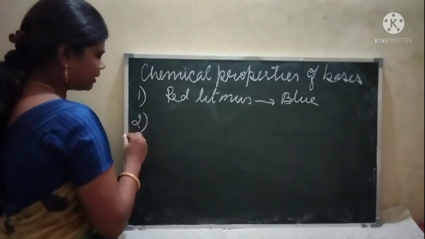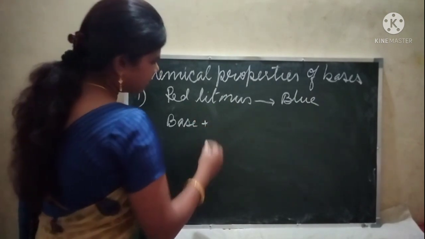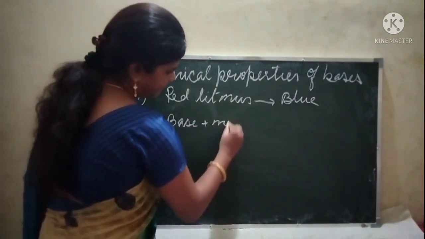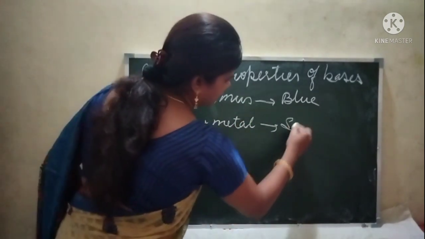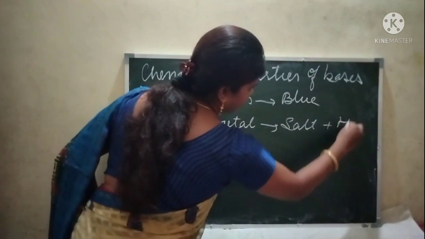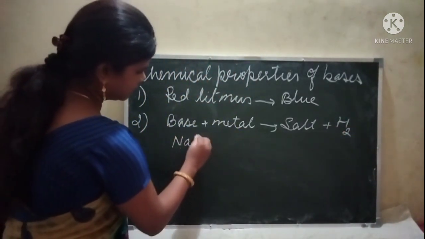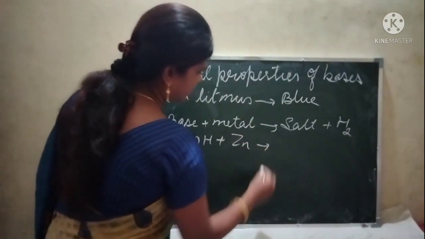Now second, when base reacts with metal, it gives salt plus hydrogen gas. So let's take base reacting with zinc metal.